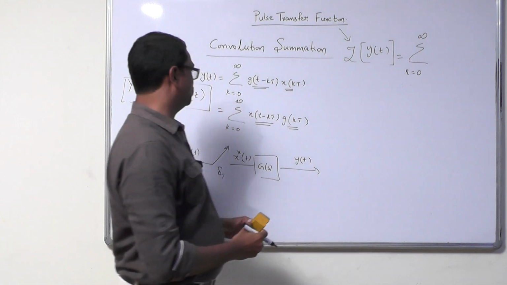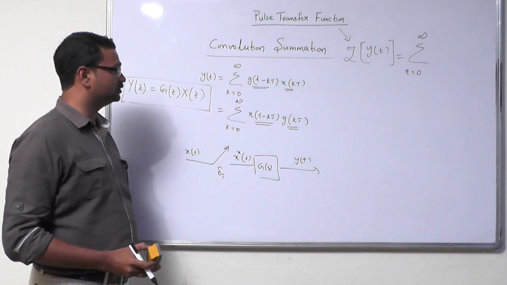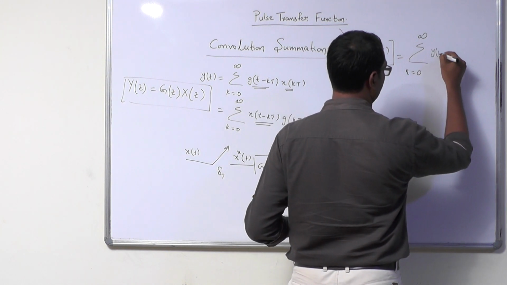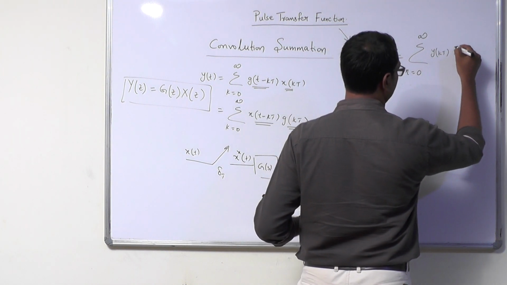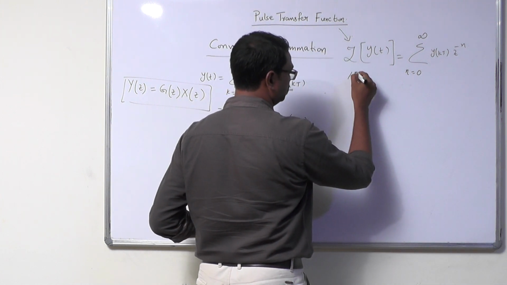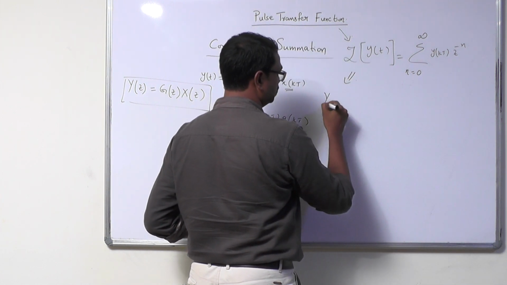For example, let me say, because I have already used k is equal to 0 to infinity here, I will have y of nt z power minus n. So this can be called as z transform of y of t.